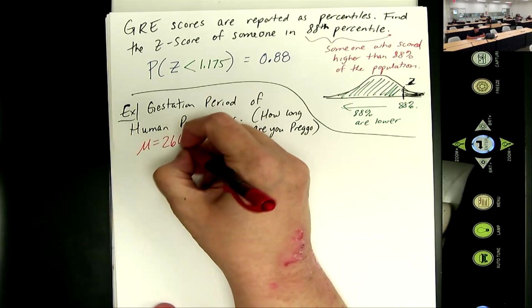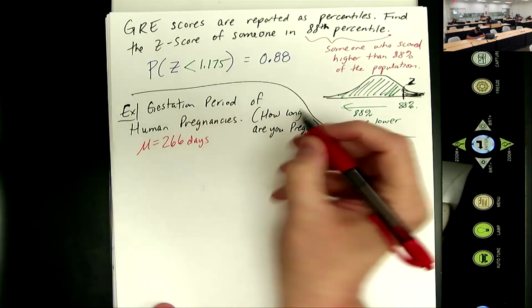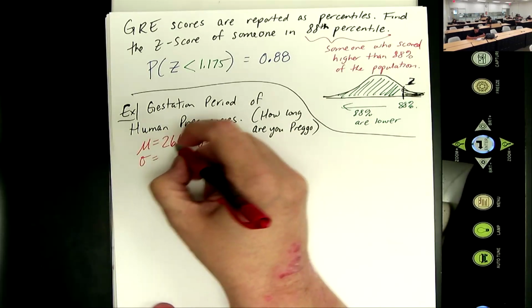The average is 266 days with a standard deviation of 16 days.